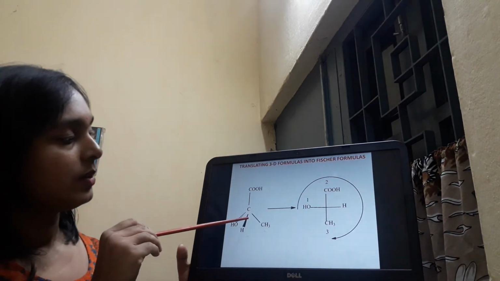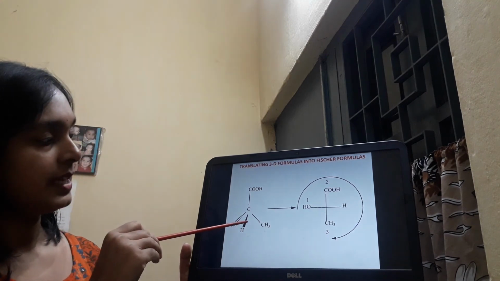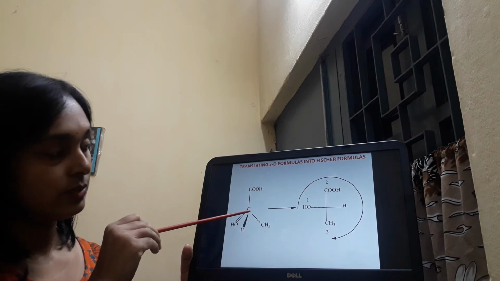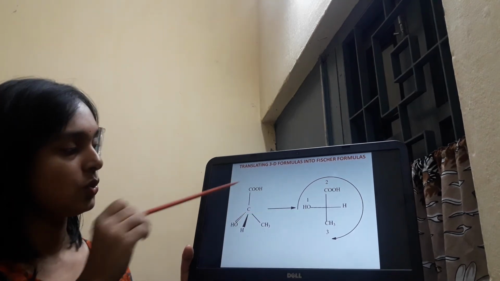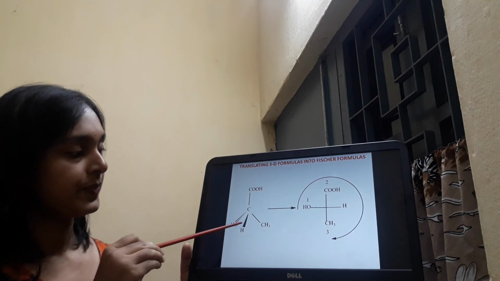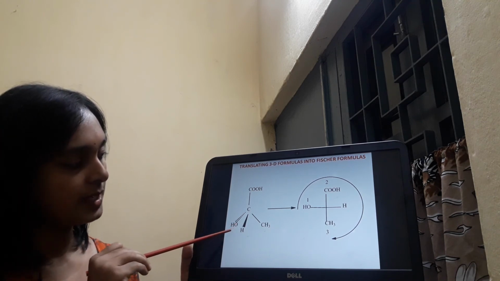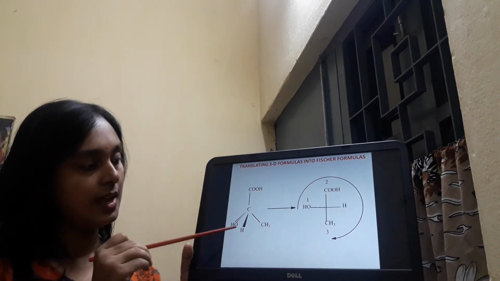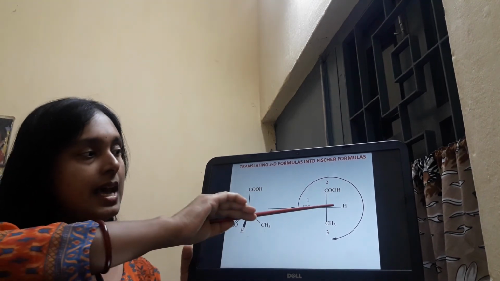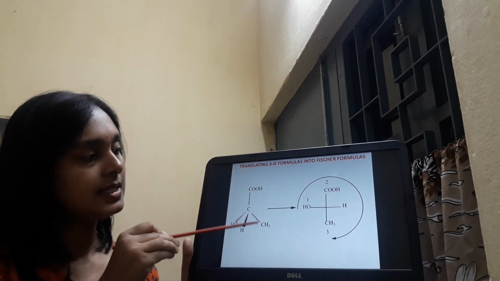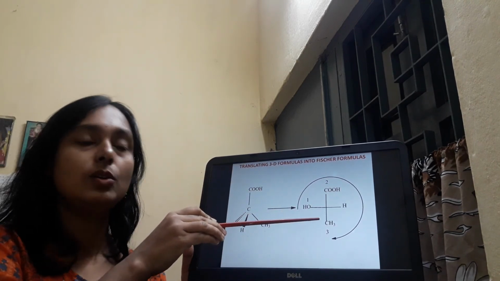When we need to transfer this conversion method, we have to convert from this way to the Fischer projection formula. So from where we look, from this angle we will find that OH will be at the left hand side, hydrogen will be at our right hand side, COOH will be kept at the upper side, and the CH3 will be at the lower side.